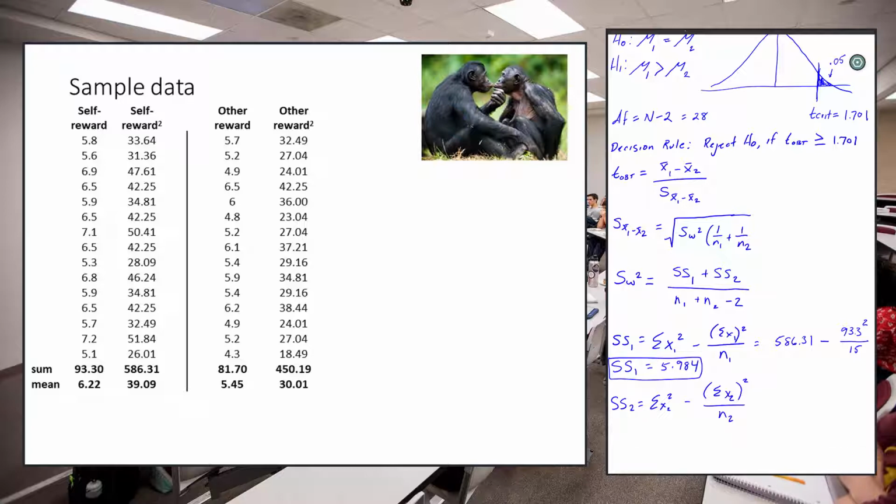Okay, now let's do the same thing for sample 2. So for sample 2, we have the sum of x squared, which is 450.19, minus the sum of x, which here is 81.70, squared, divided by 15.